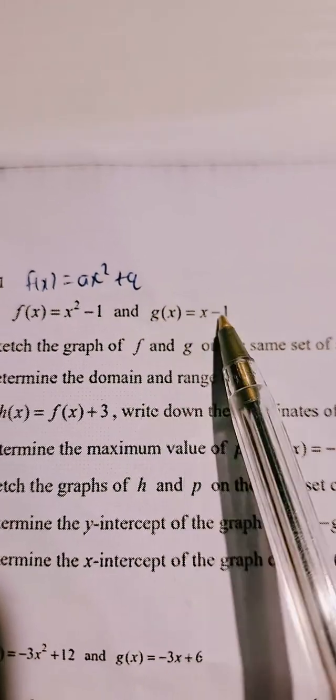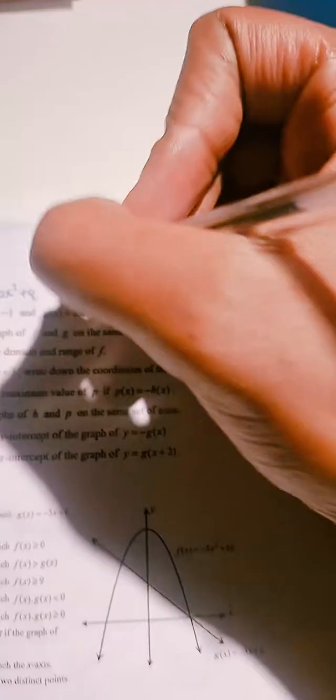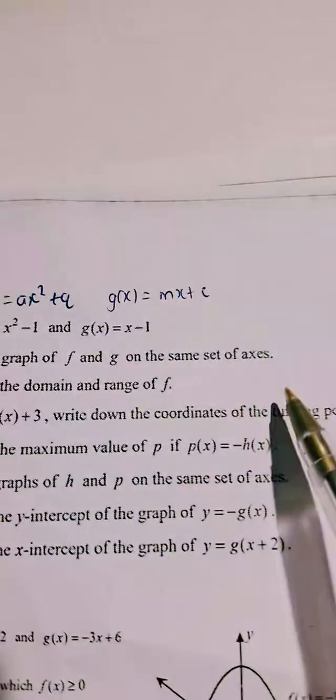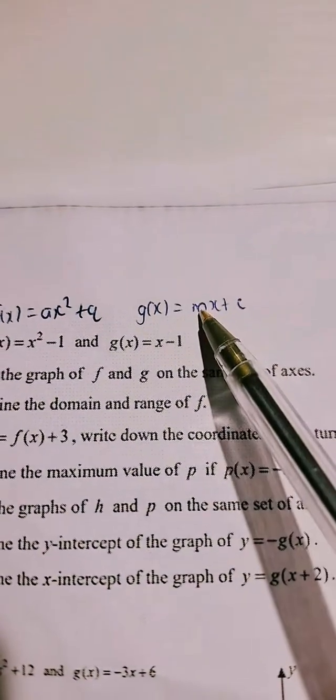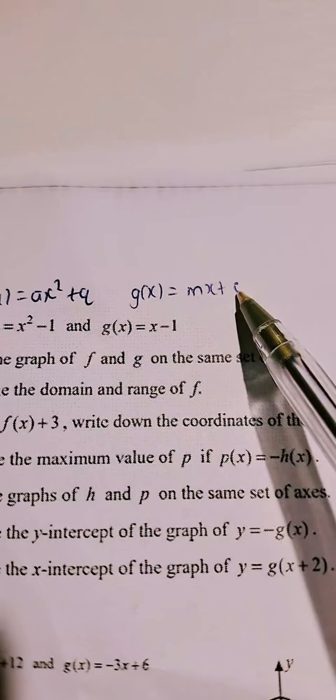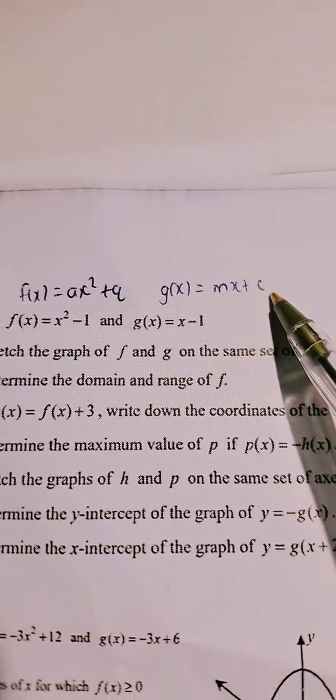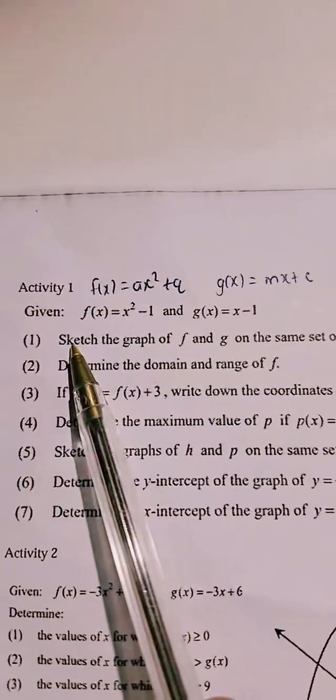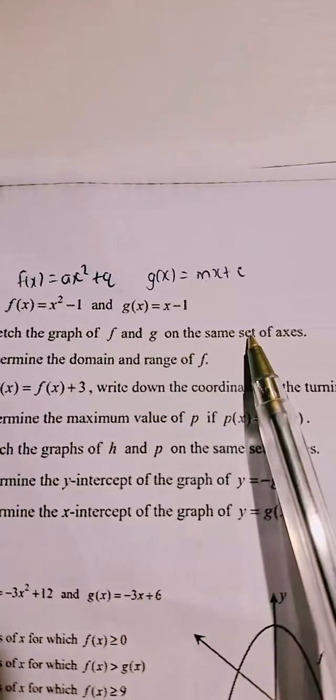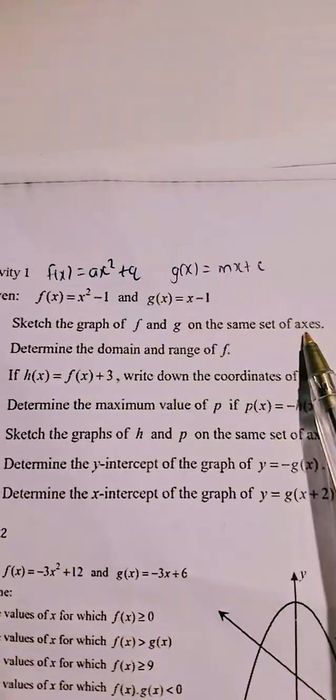g of x is equal to x minus 1. This is a straight line or linear function. It is usually given in standard form, y is equal to mx plus c. M we call the gradient, c we call the y-intercept. Here they are saying sketch the graph of f and g on the same set of axes.